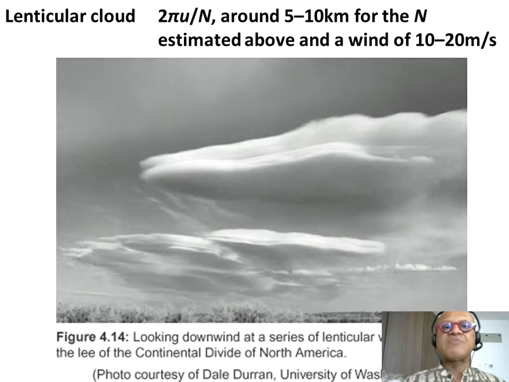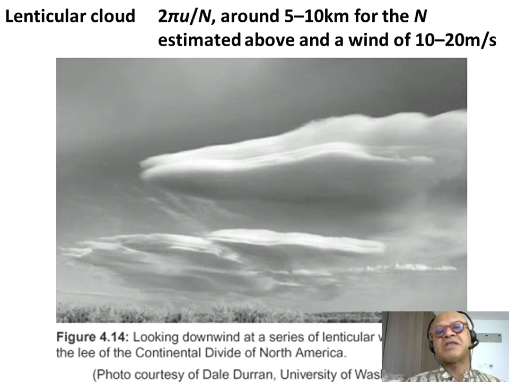The specific type of cloud, the lenticular cloud, is really magnificent to look at. If you haven't seen one before, keep an eye out next time, and you can explain to grandma why this is a lenticular cloud and how it is produced by gravity waves.